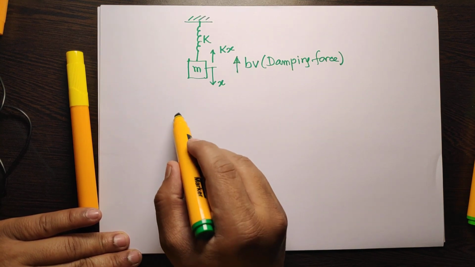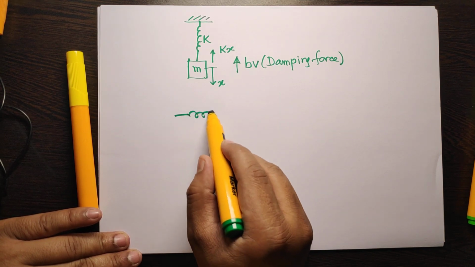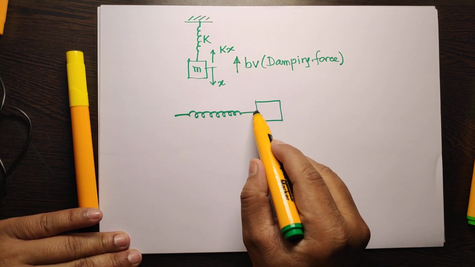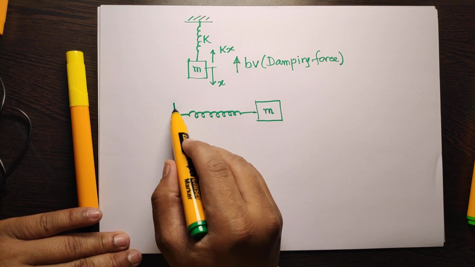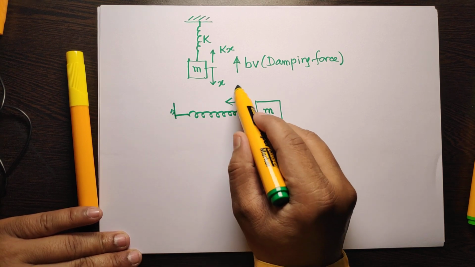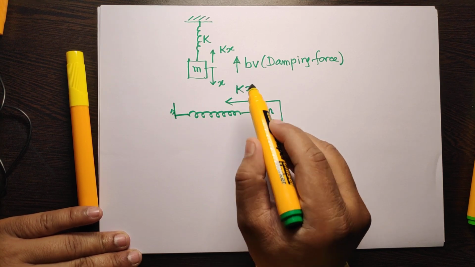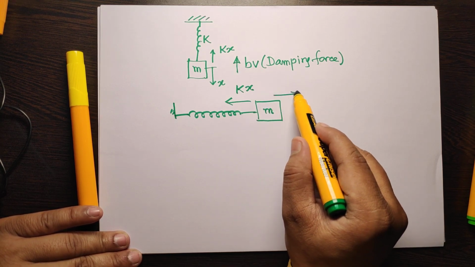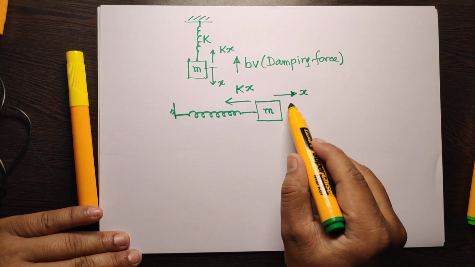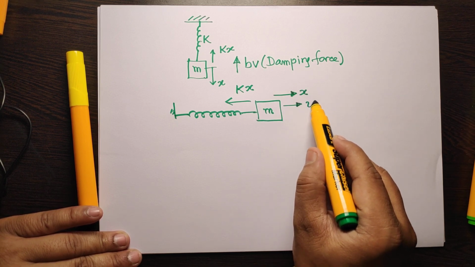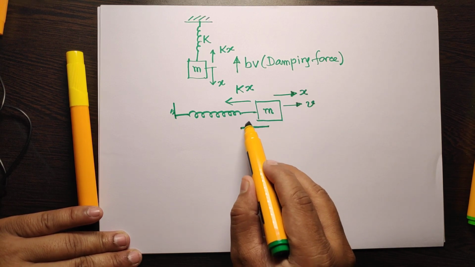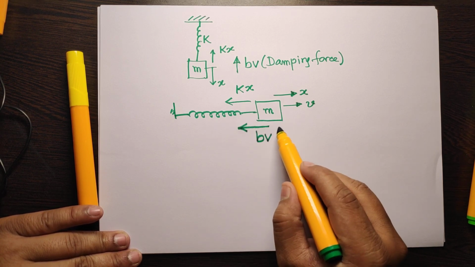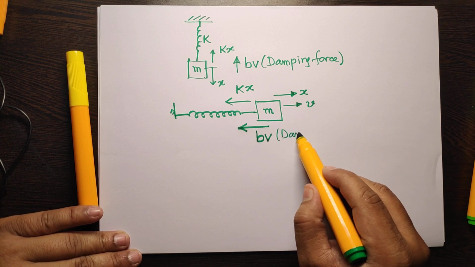In general we will deal with this type of damped vibration, where this will be the spring force, and as the displacement is towards the right, x, the velocity is also towards the right, and the damping force will be opposite to the motion, that is bv, the damping force.